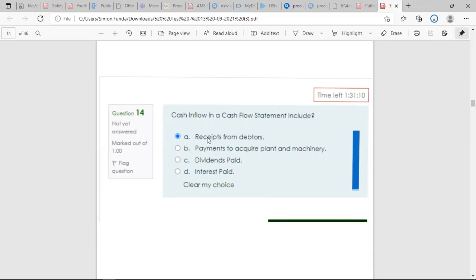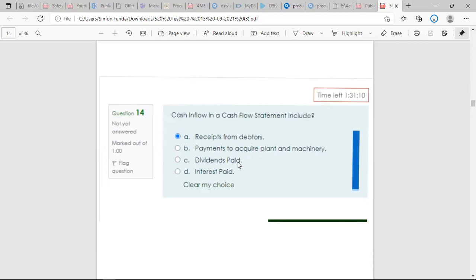For example, we can have cash sales. We sell for cash, or maybe we sold an asset for cash. That amount falls under cash receipts. These payments, however, are called cash outflows. Payments to acquire plant and machinery are a cash outflow.